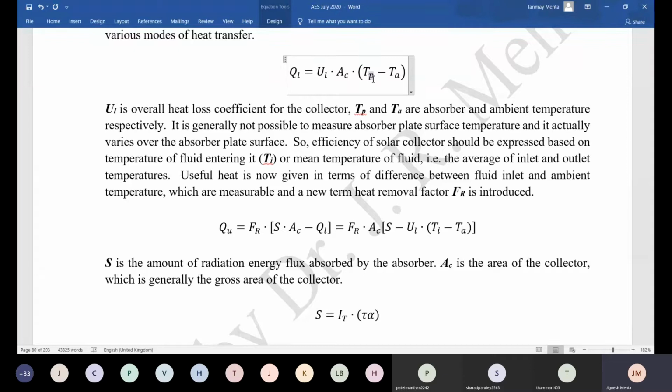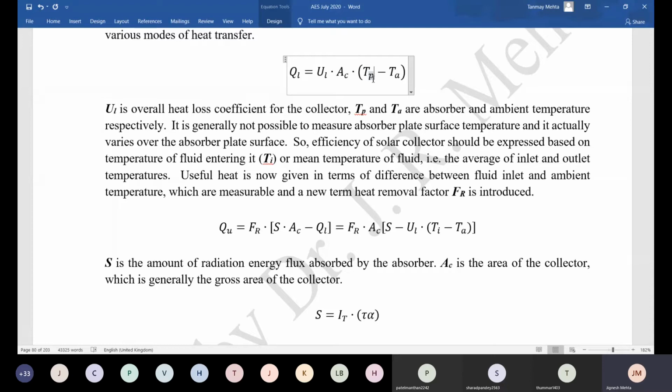Why? Because it is inside the collector, and it's not that it cannot be measured, but it's normally not very convenient to measure it. And again, it's not a single temperature. Over the plate also, the temperature would vary, right?